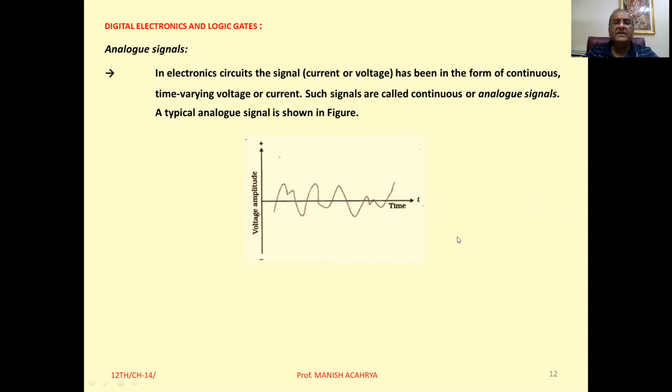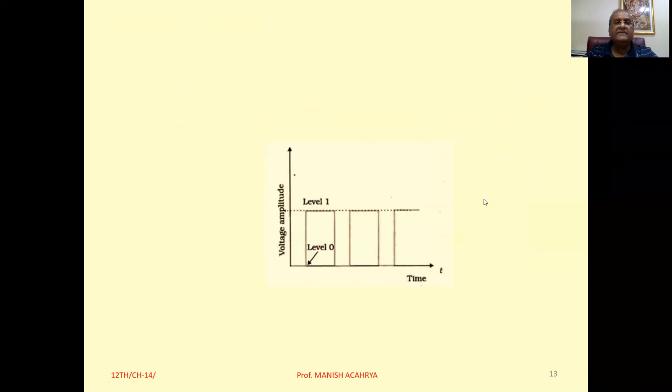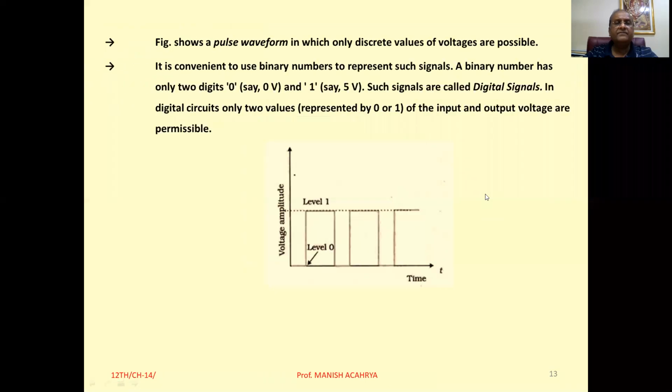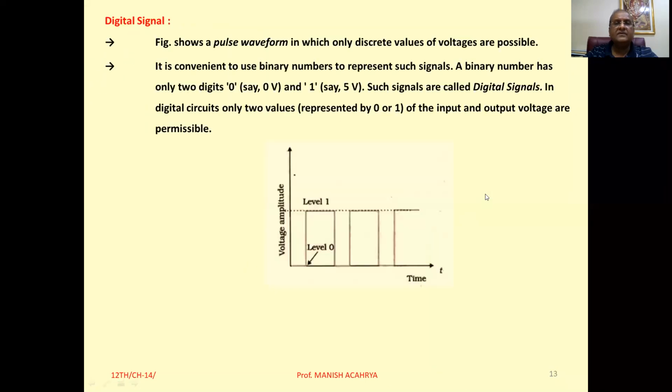Now if we think about digital signal, then digital signal is a pulse waveform type, in which the voltage will attain only two values, either the maximum value or the minimum value.